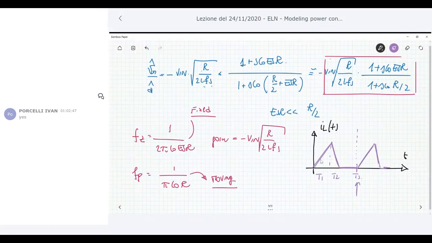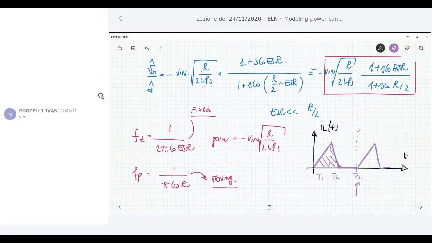The energy is included in this area here, and the current goes to 0 before the end of TS. It means that when you end this cycle, and this happens for any cycle in DCM, there is no residual energy in the inductor. All the energy that is stored, it releases in the same cycle.